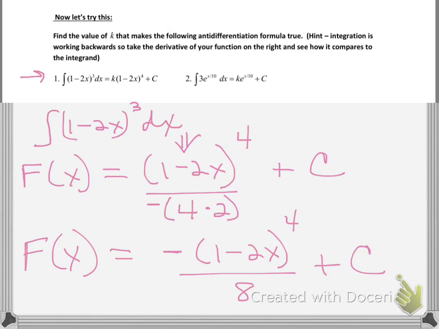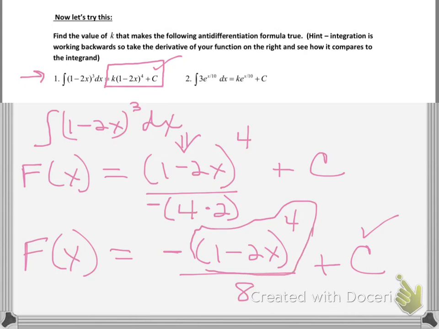Okay, now let's talk about the c part, or the k part. What they've done in these problems, they have given you most of the answer, and they want to figure out what's missing. So let's compare. My answer down below, I have a c, they have a c. I have the exact same thing here. I have 1 minus 2x to the 4th. So we have this just as it stands.